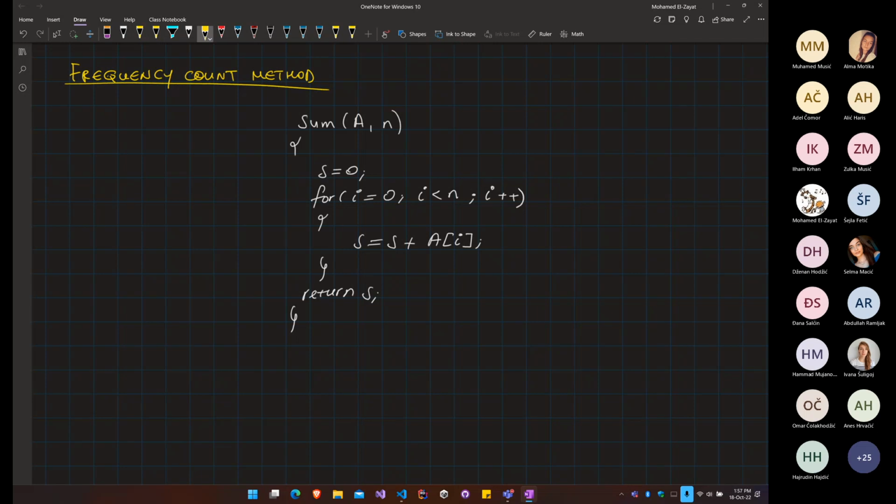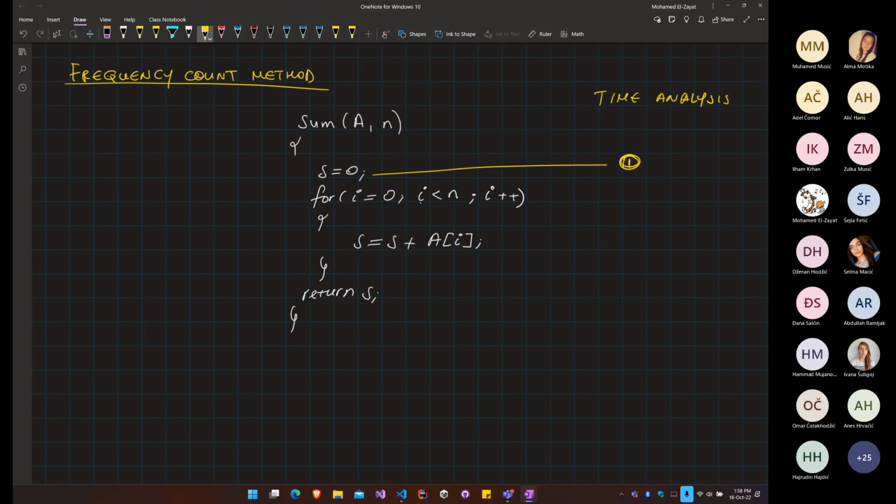Now, let's talk about the time complexity here, so time analysis. Can somebody tell me what is the cost of this line? It's 1 probably. Okay, good.